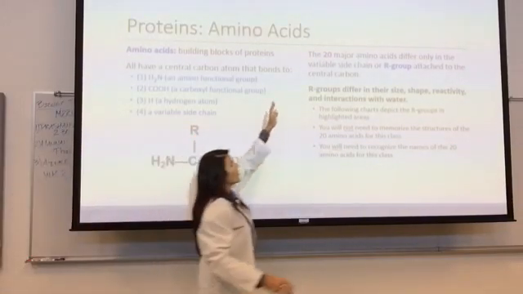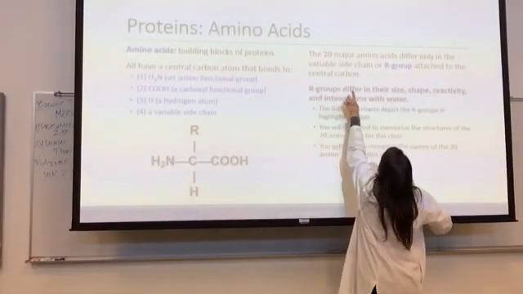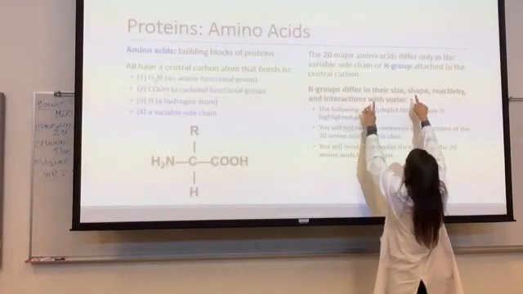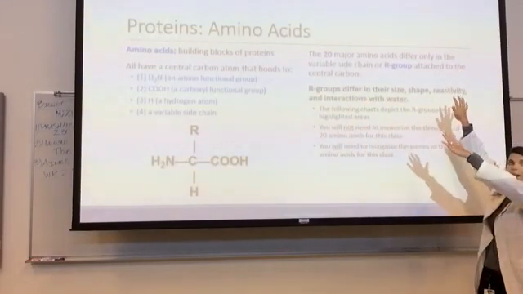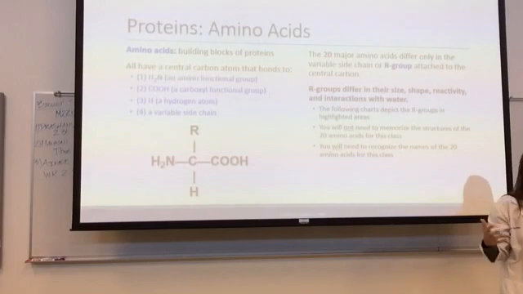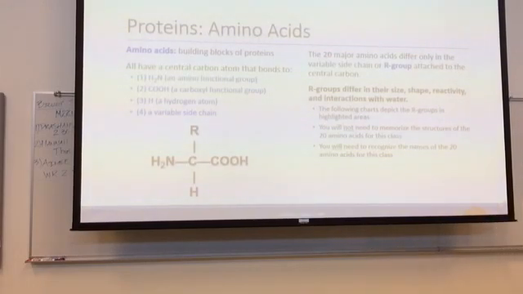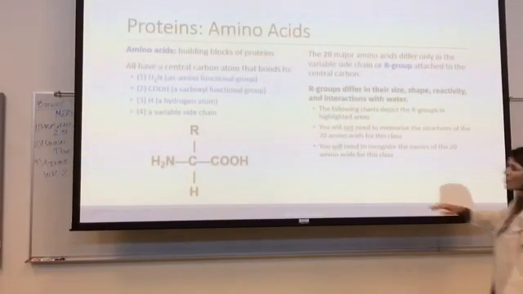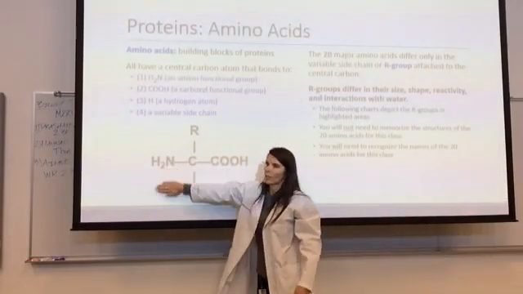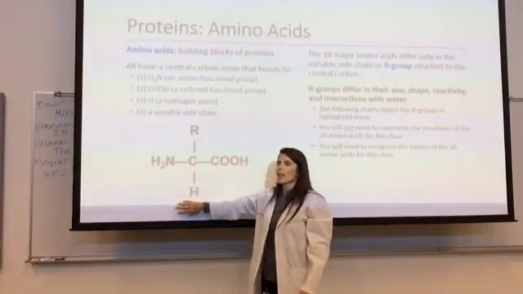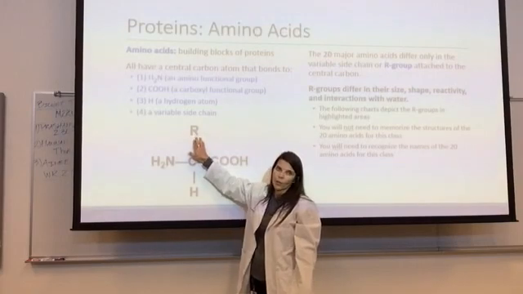Here it specifically says variable side chain or R group, so you have both written there for reference as to what we could call that R. This part will always be the same. The only thing that will change will be what's here.